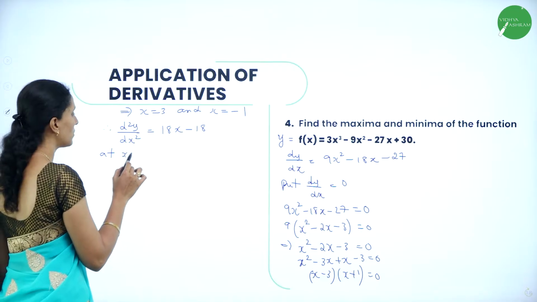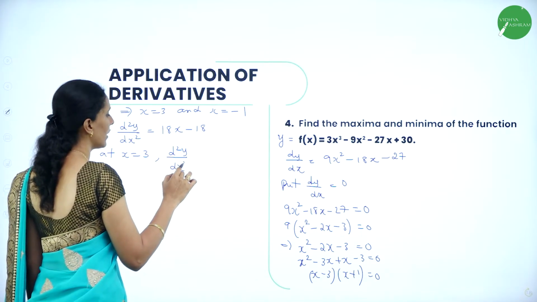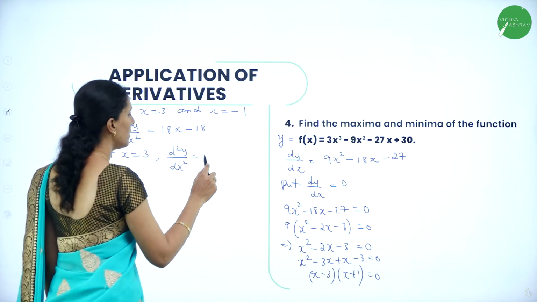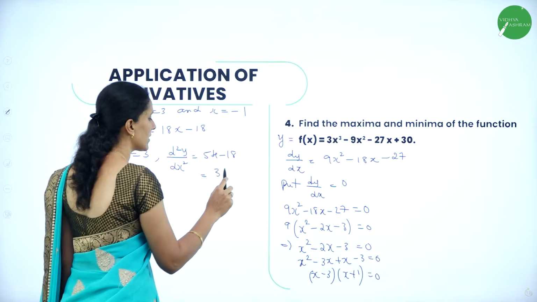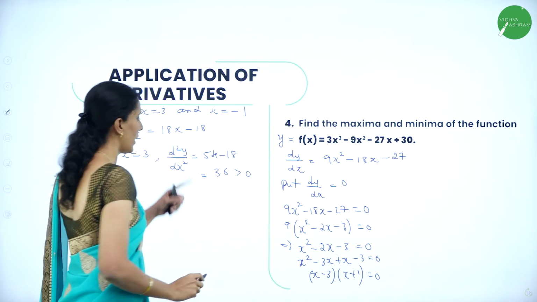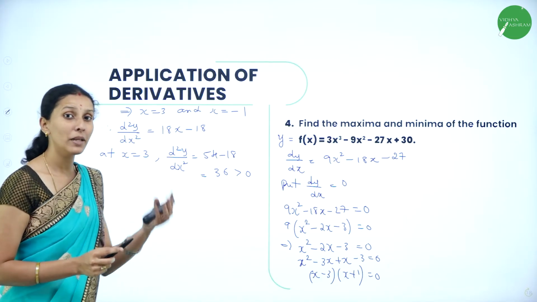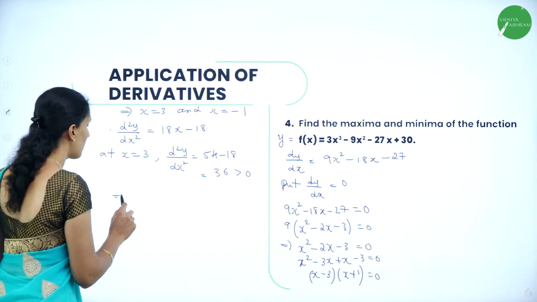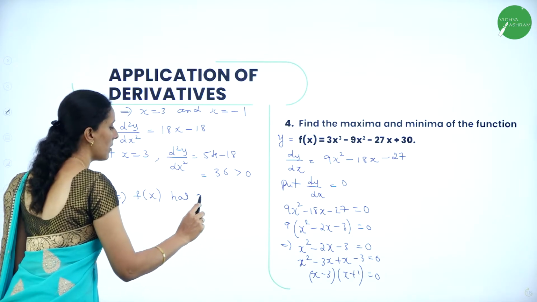At x is equal to 3, d square y by dx square, solving this, 18 3s are 54 minus 18, which is equal to 36, greater than 0. If d square y by dx square is greater than 0, that means it has a minimum value. So this implies f of x has minima.